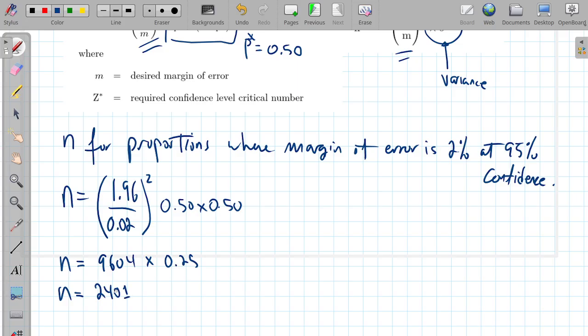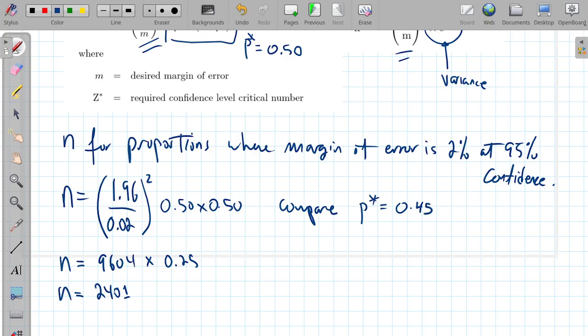Now, that is with the default p star. Now let's compare. Let's say that we know from historical studies, or we have information that, let's let p star equal 0.45.